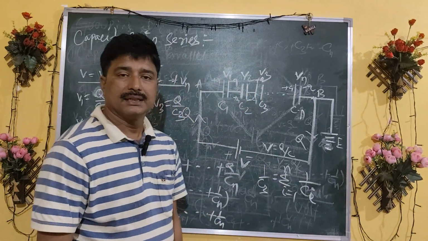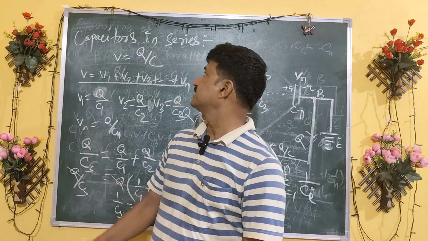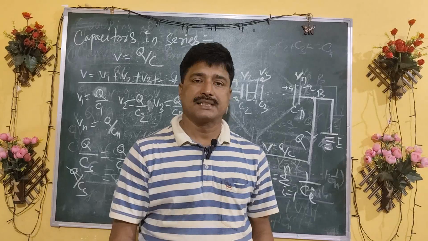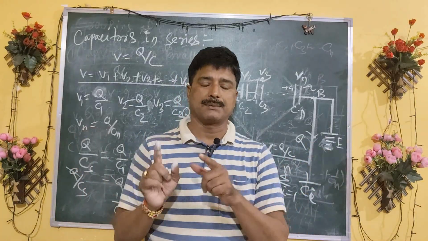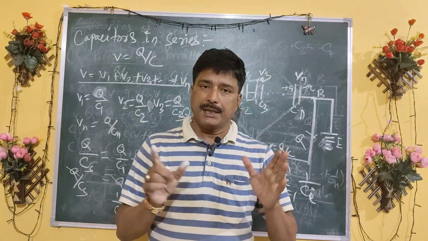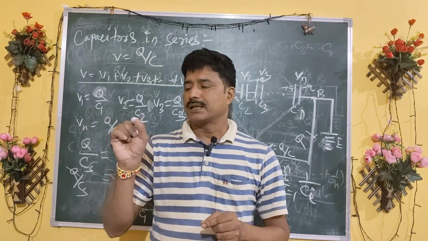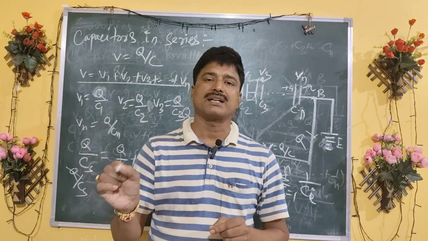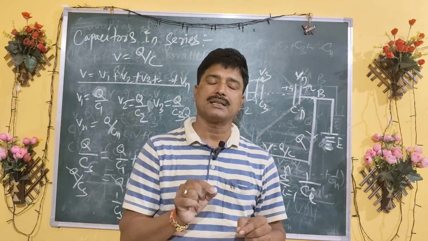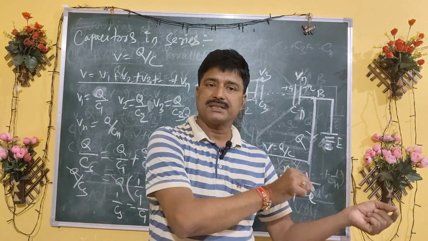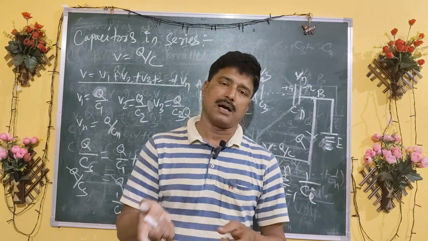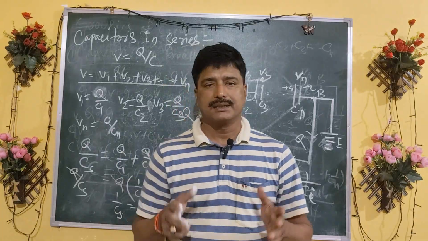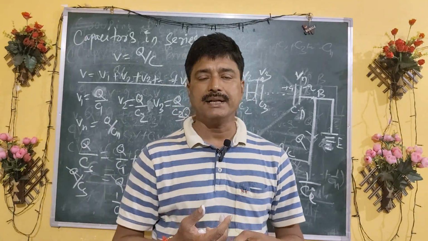This is called capacitors in series. Series means in one line. That means the positive end of one capacitor is connected to the negative end of the next capacitor, and the positive end of that capacitor is connected to the negative end of the next. Then only can we say it is connected in series.